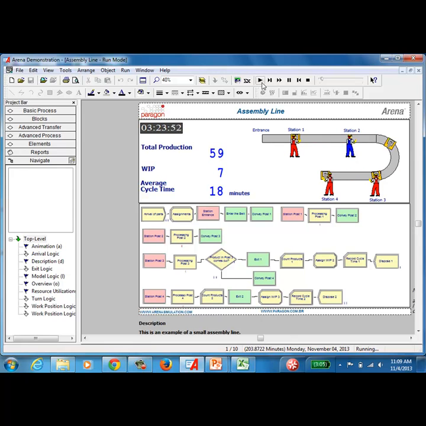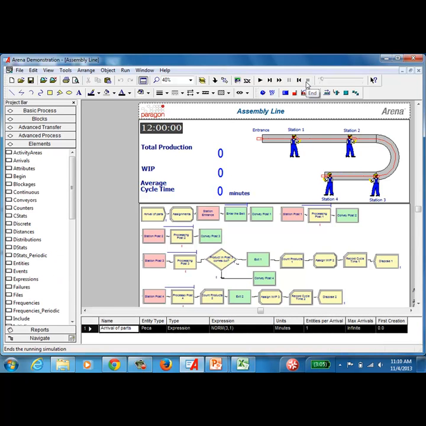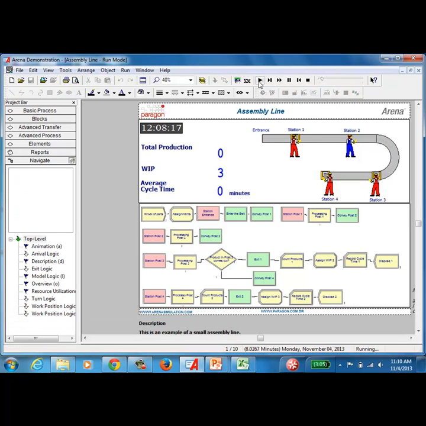Now, how does this relate to the material that we are learning? Okay, so to build these models, you need some probability models to input. So specifically for Arena, let's say you see those arrivals, the inter-arrival times for those boxes are coming from a probability distribution.